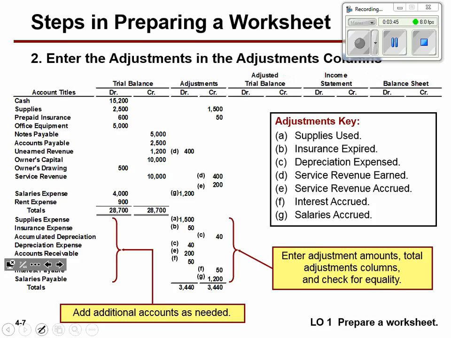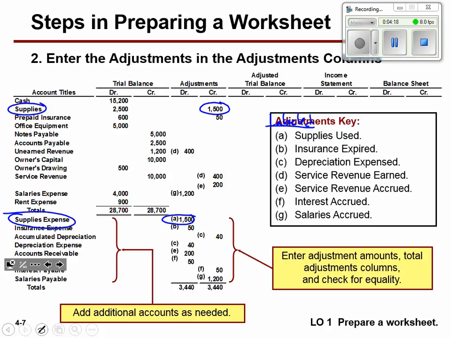Now notice the first one. Supplies, with a supplies expense. So if I circle supplies and I circle supplies expense, I see 1,500 and another 1,500. Notice how they're labeled. They're labeled A, B, C, D, E, F, G, or however many you need.